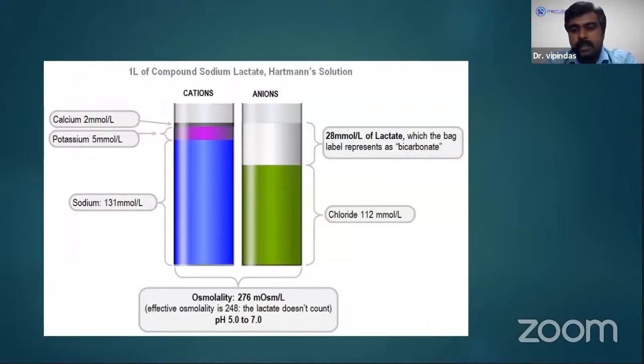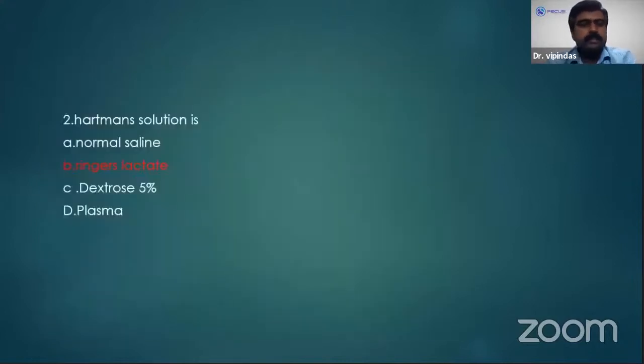Osmolality determines the transmission of fluids from one compartment to another, intracellular to extracellular. You should be familiar with the osmolality values of the different IV fluids. So the answer is Ringer's lactate.